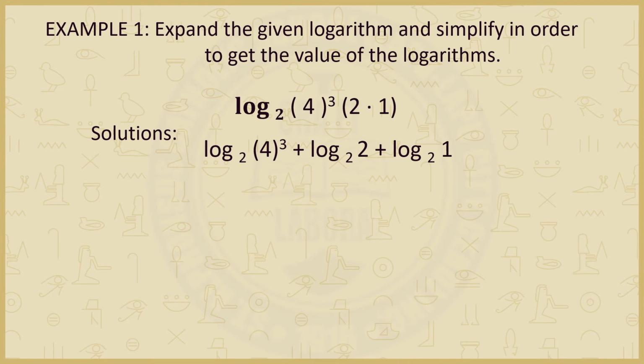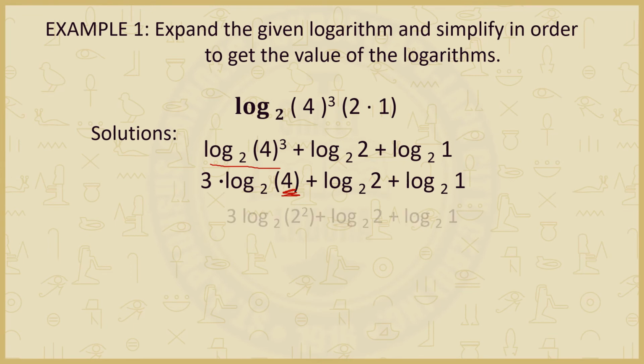After that, we have to consider first this first term, since it can be simplified using the power rule. So, it will become 3 times the logarithm of 4 to the base 2, and then copy the rest of our expression. After that, 4 can be written into its exponential form, which is 2 raised to 2.